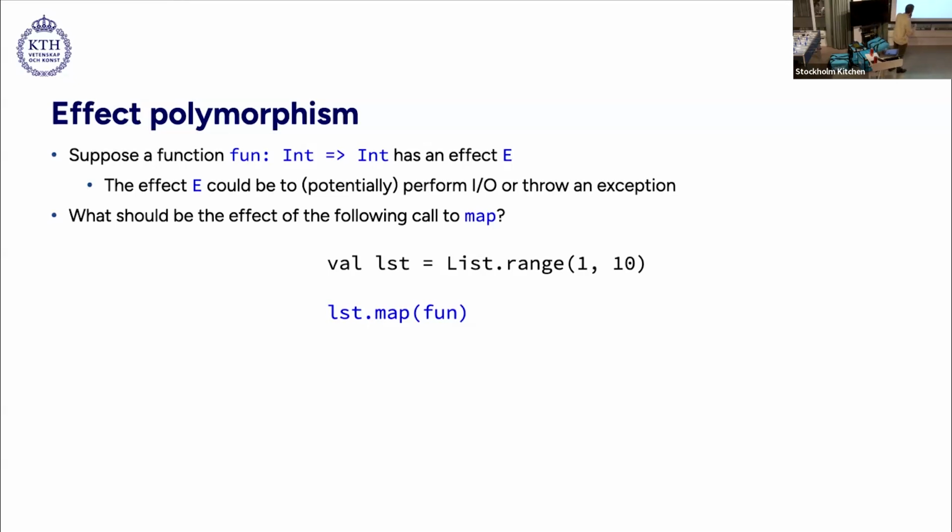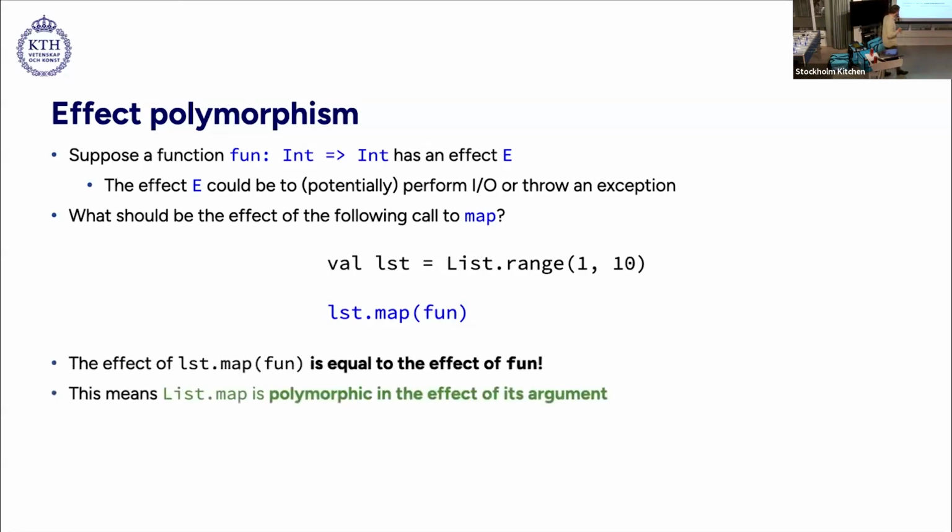So normally what we say is that the effect should be E. They have the same effect. But this means that the list.map method is actually polymorphic in the effect of its argument. So whichever effect fun has is the effect of map when we pass the function. Okay, thanks. So this is what effect polymorphism means.